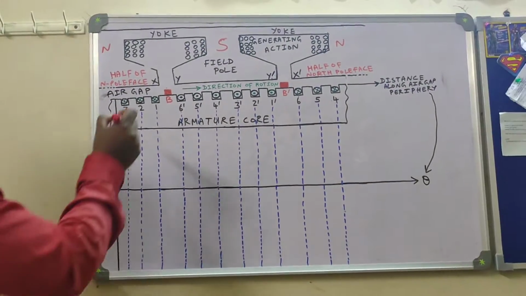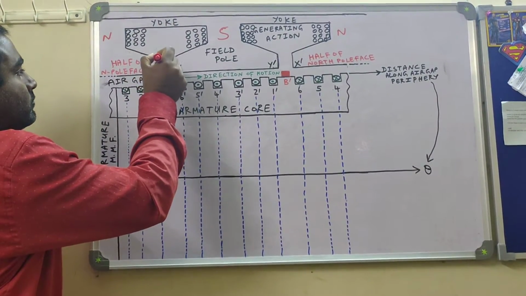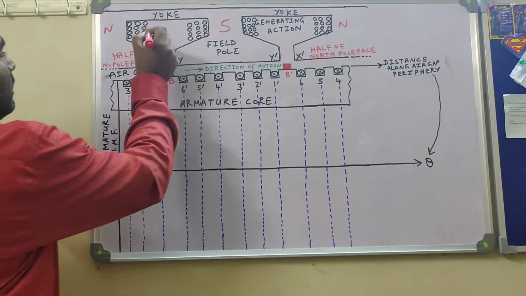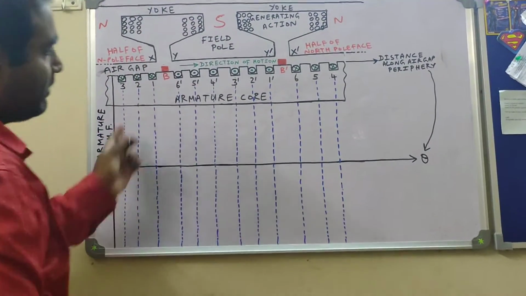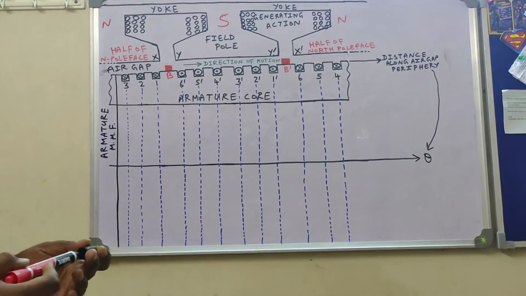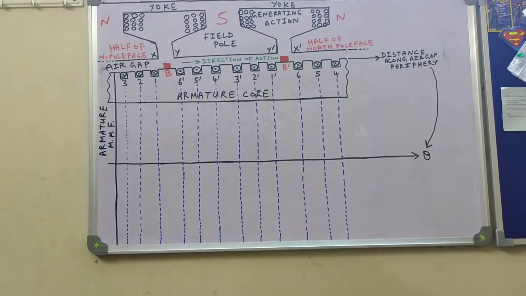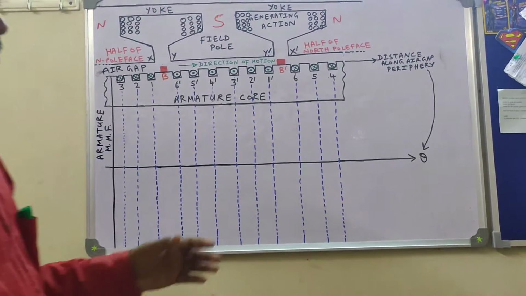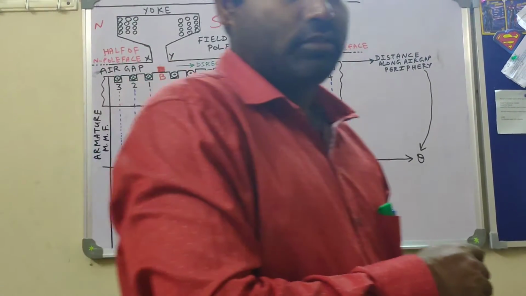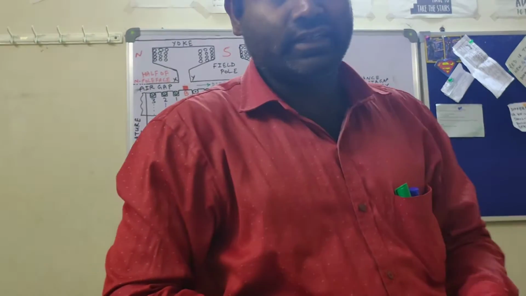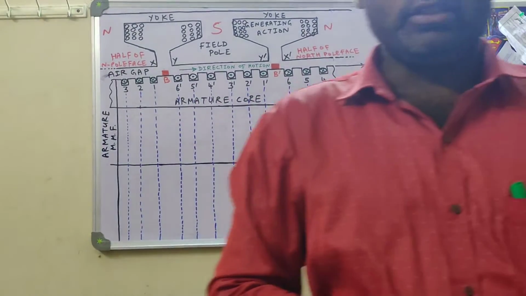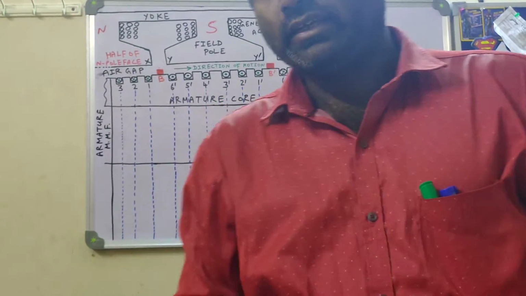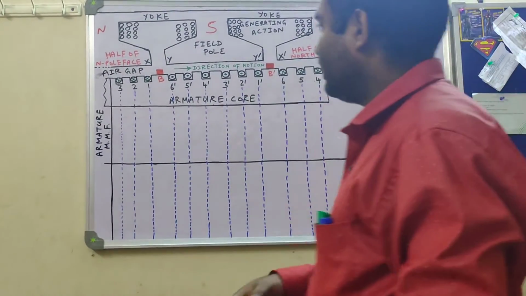I have shown the field coils, and while plotting this armature MMF variation, we will assume that field winding is carrying no current. Otherwise, we won't be able to plot it. We will find the armature MMF variation assuming only armature winding is carrying current. Likewise, we will find the field MMF variation assuming only field winding is carrying current. So here we will do like that.